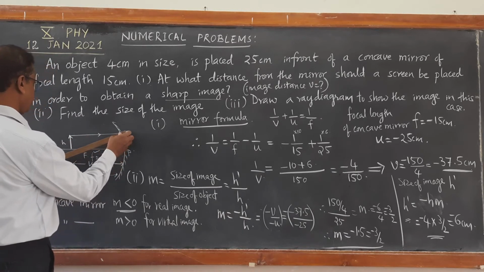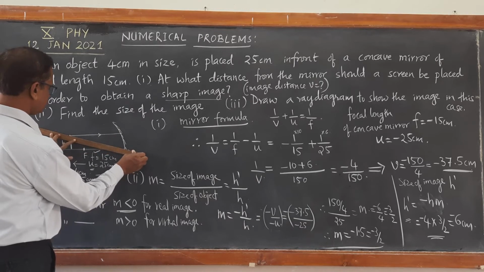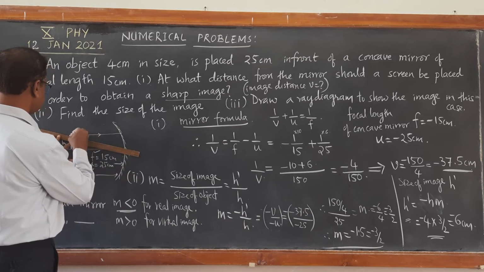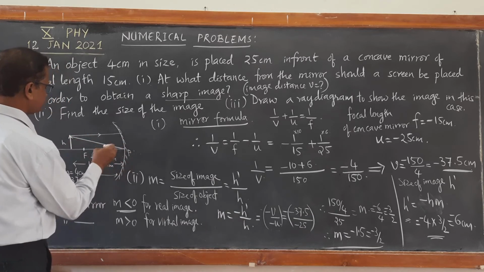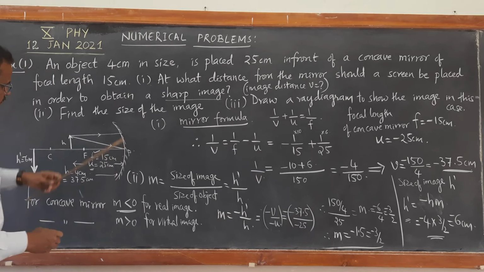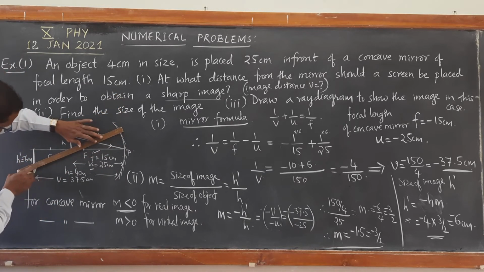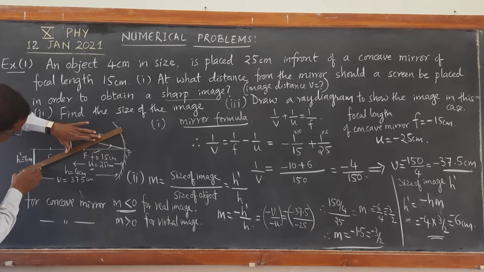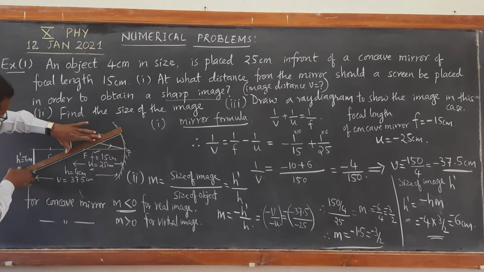Then another ray of light must be passing through the pole. Yes. After reflection, this ray of light should pass through the focus.